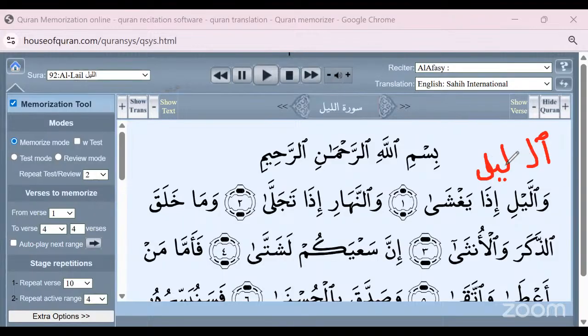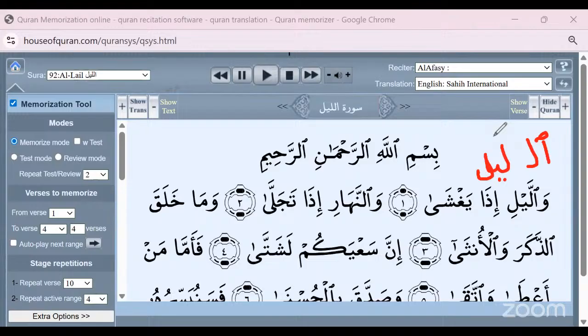Al makes it the night. Al is the word the. And this is layl by itself, night. Together, they've become al-layl, right? So they put these two lams together and it gets the shadda. One, because two lams are coming together. Two, because the lam is a sun letter.